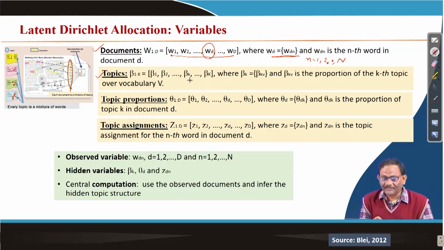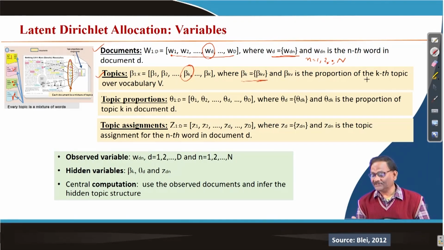Now you see, if we consider what is beta_k, so beta_k is basically beta_kv, where beta_kv is the proportion of the kth topic over vocabulary v.